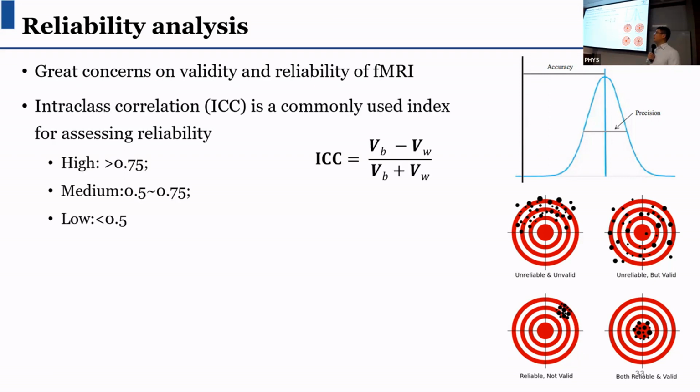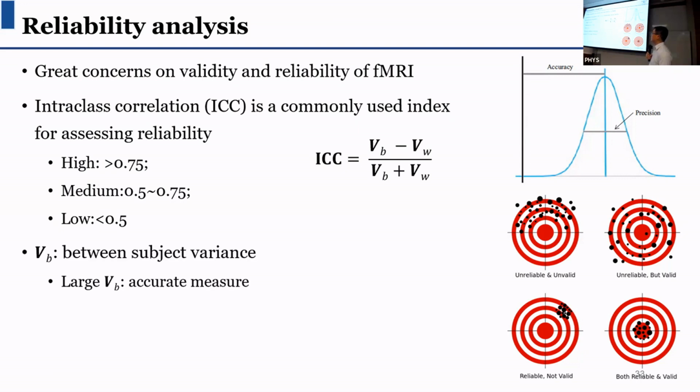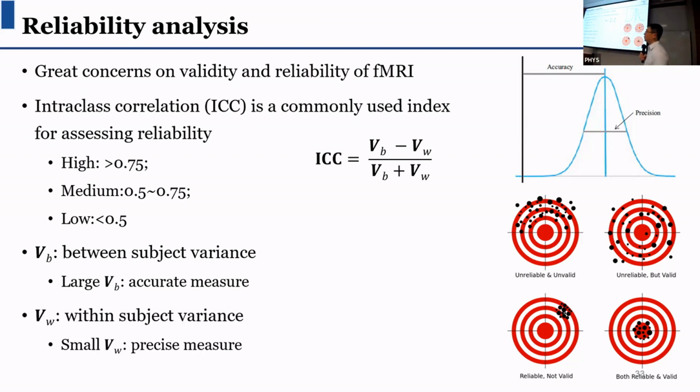One metric to measure this reliability is the intra-class correlation. It's defined in this way. You have the between subject variance, that means you have a group of subjects. Then you can measure the between subject variance, and you can also measure each subject multiple times.